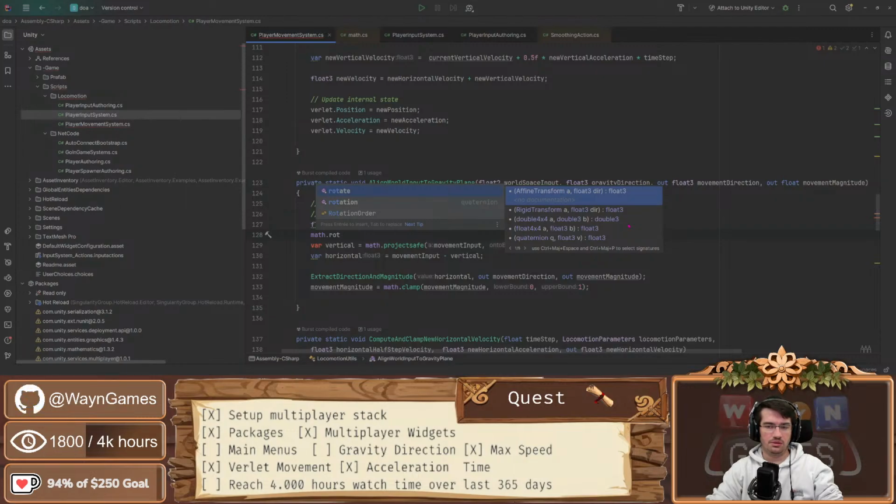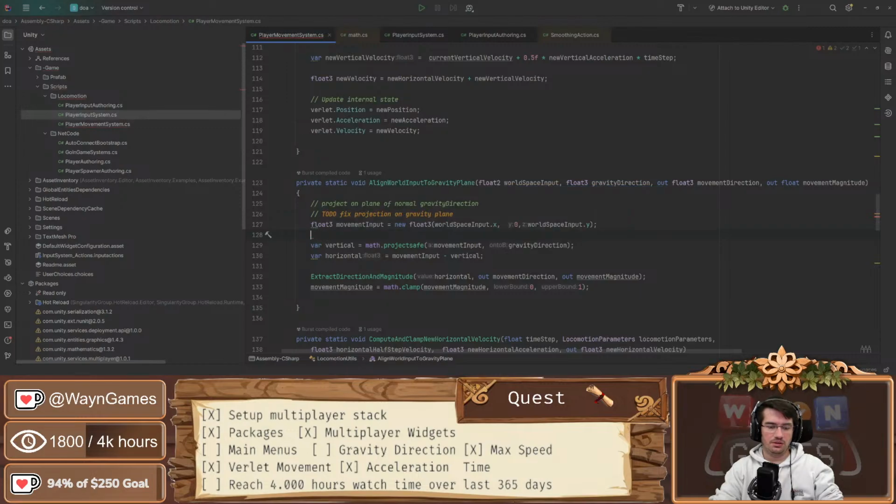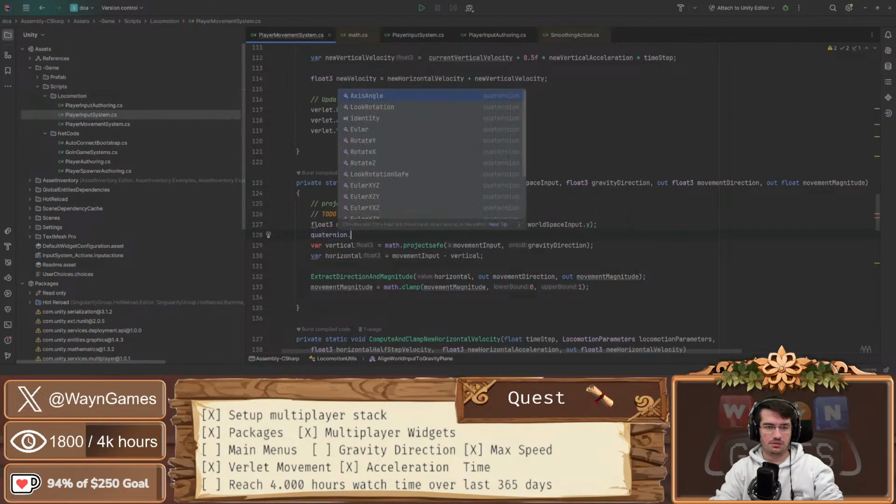Quaternion float 3. Can I get the quaternion? Look rotation, forward and up.